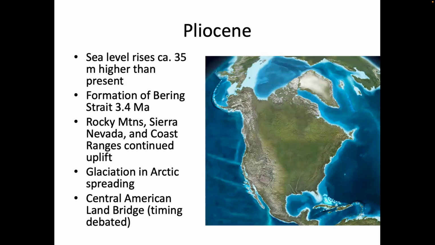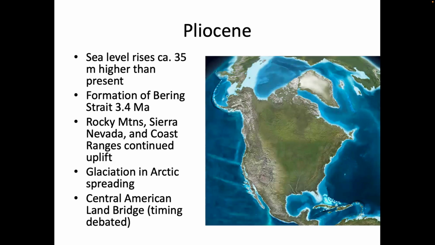Remember, that land bridge had been connected at various points. It has been connected and disconnected. So at this point, going into the Pliocene with these higher sea levels, we would expect that land bridge to be covered up or drowned. And that's what we see here. So that's going to restrict the movement of species back and forth. Keep in mind, we don't have people migrating at this point because humans as a species have yet to evolve.